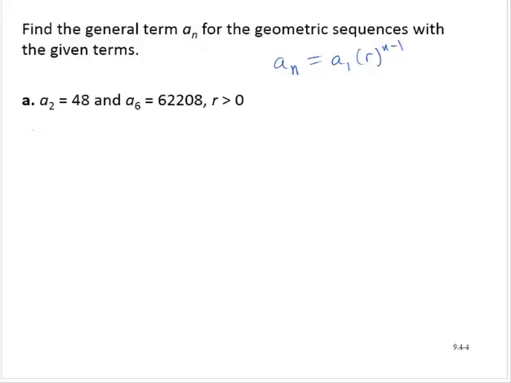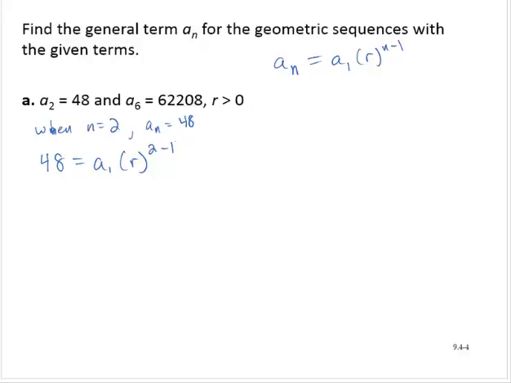So now notice, when n equals 2, a sub n is 48. So then what we can write here is 48 is equal to a sub 1 by r to the 2 minus 1.